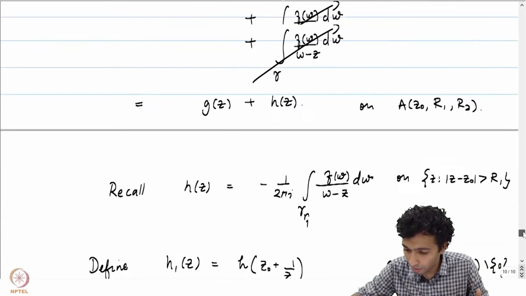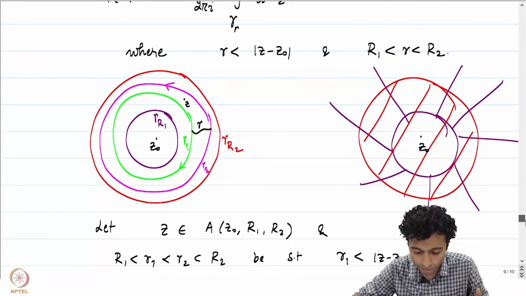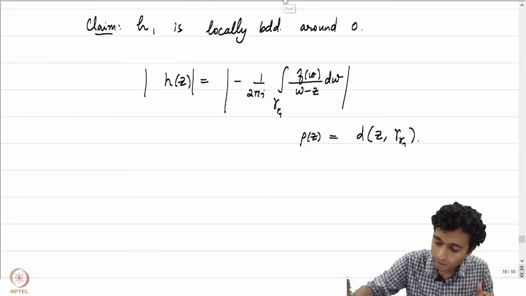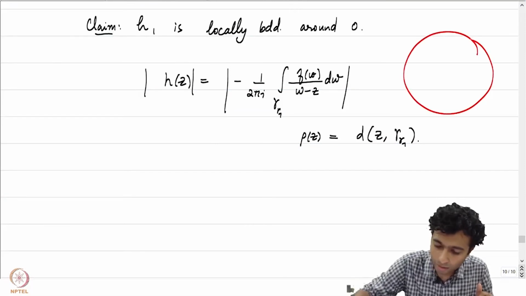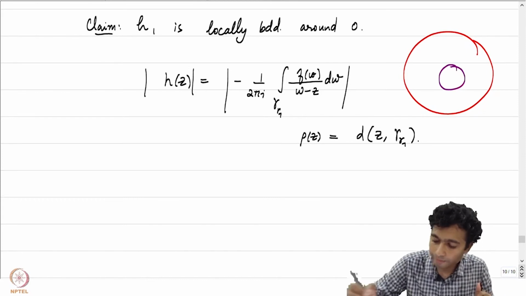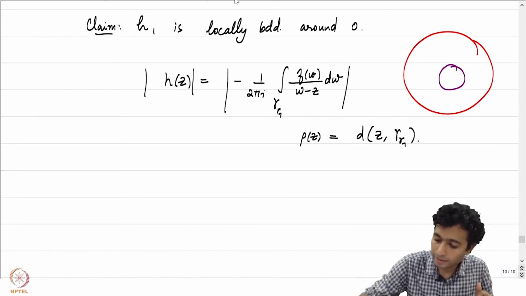So maybe let me go back up to the image and show you what is happening, or maybe I'll draw a new picture. We have our R2 here, there is a small r1 here, and our point z is somewhere.